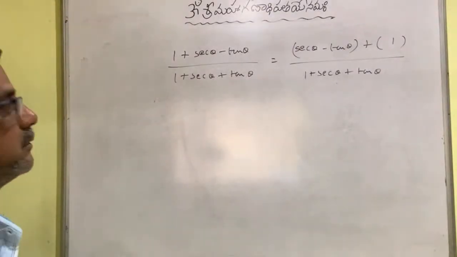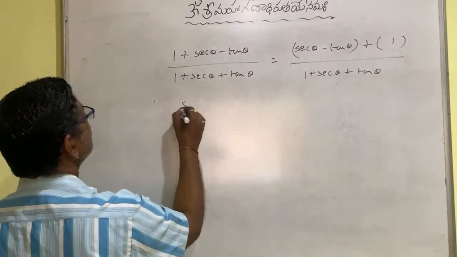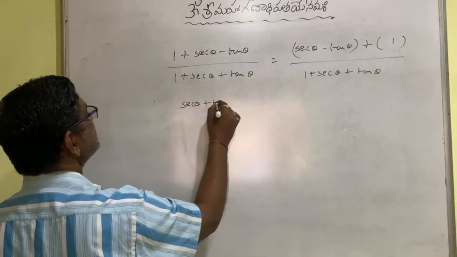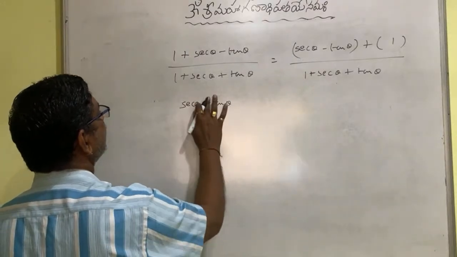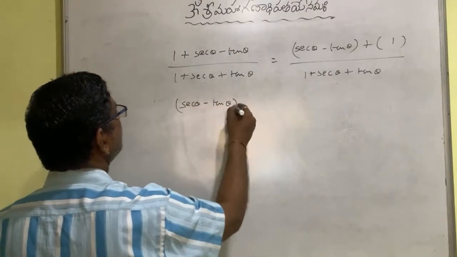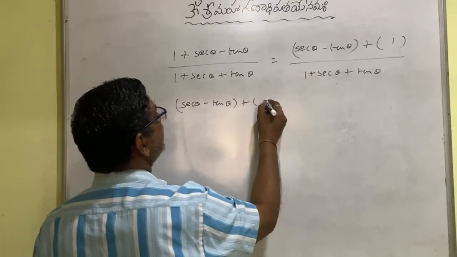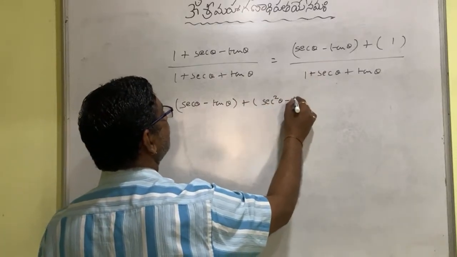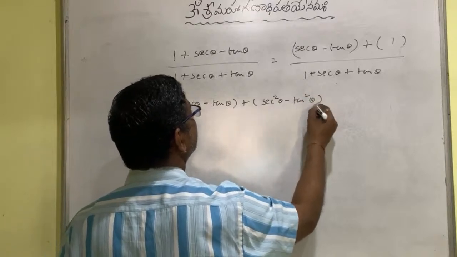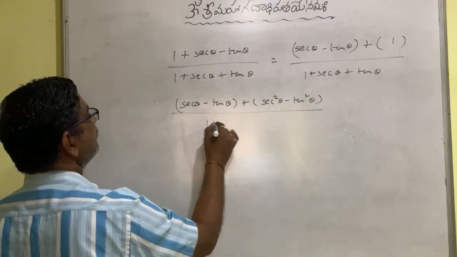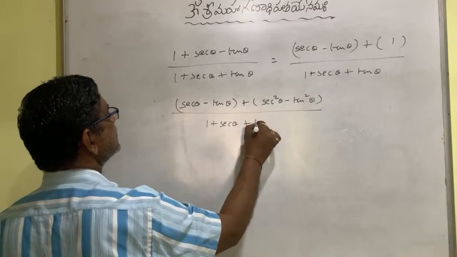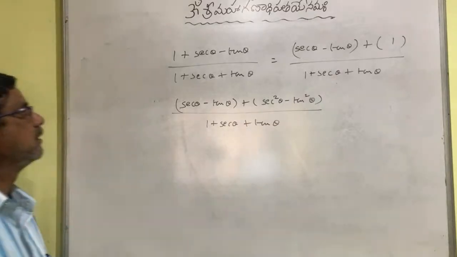Okay. Now, secant theta plus tan theta, minus. Plus, instead of 1 you write secant square theta minus tan square theta, by 1 plus secant theta plus tan theta. Okay na?